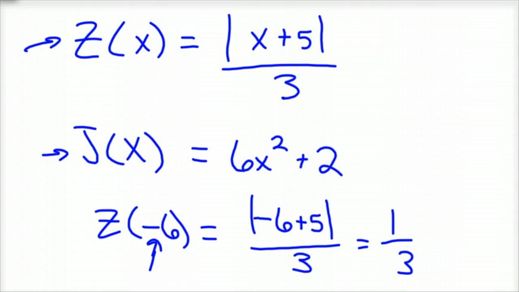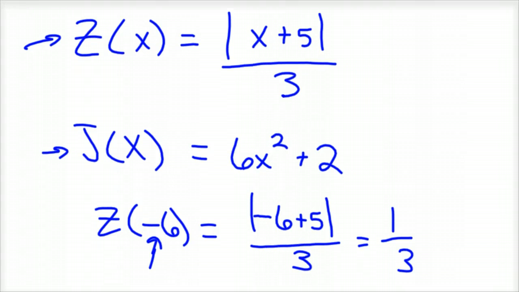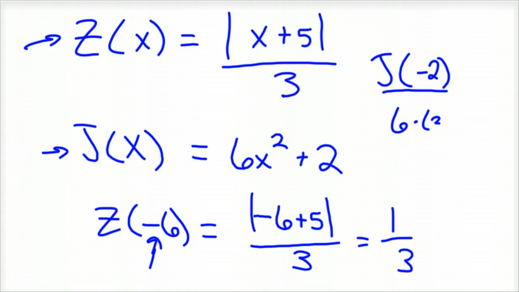Or maybe I want to know J at -2. If you want to know what -2 would be plugged into the J rule, that would be 6 times (-2) squared plus 2. And notice I put parentheses around this -2.